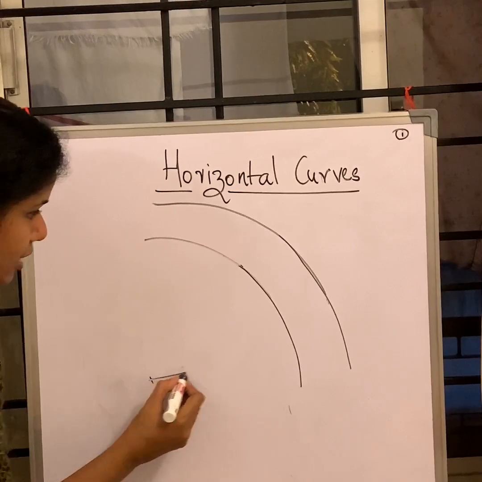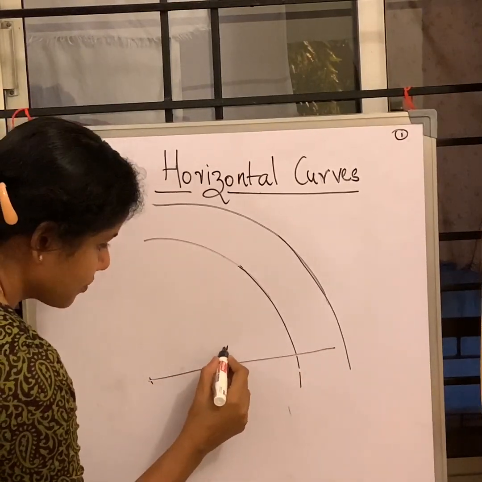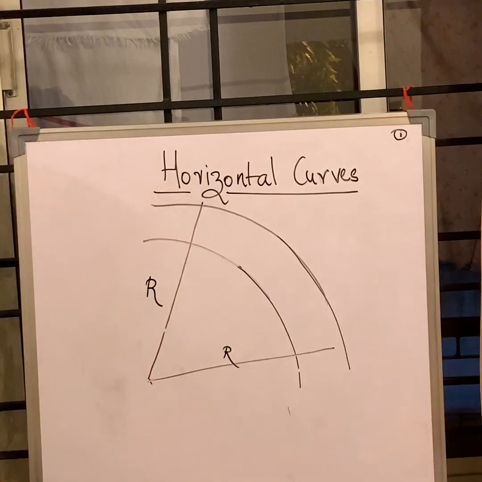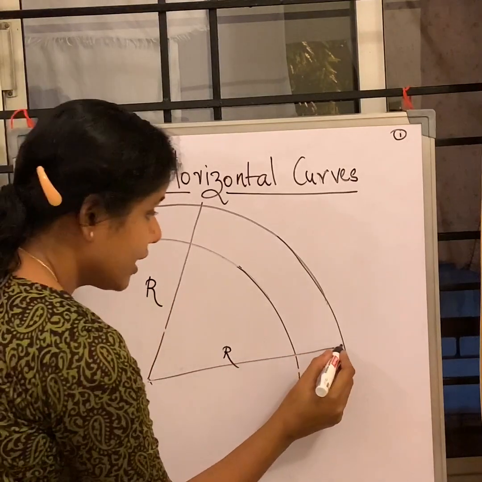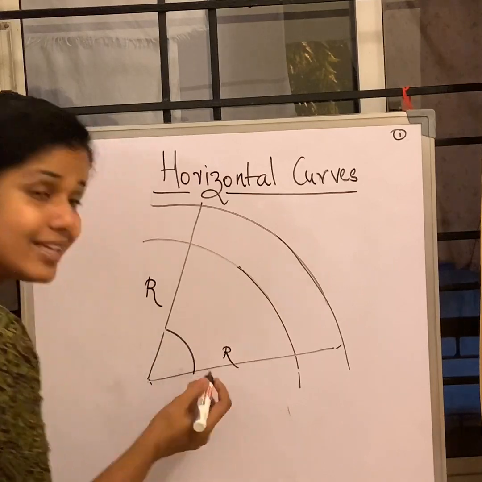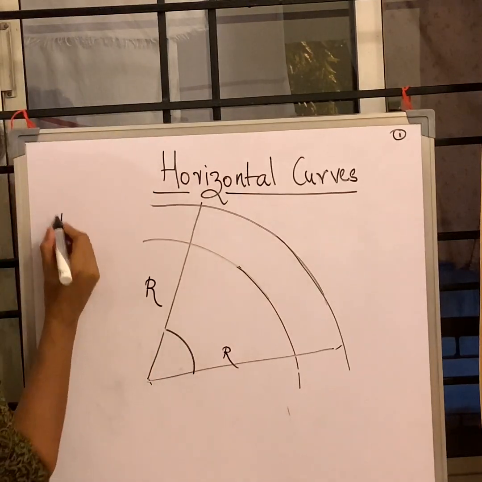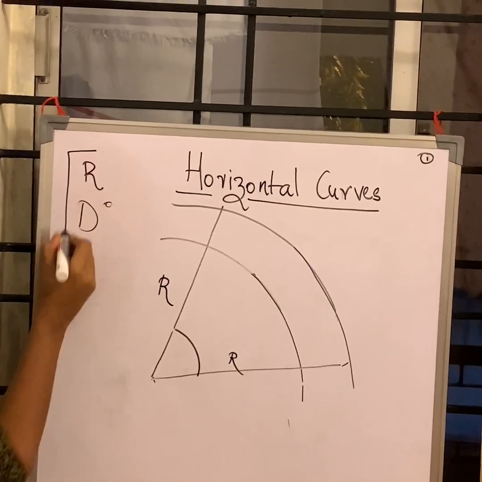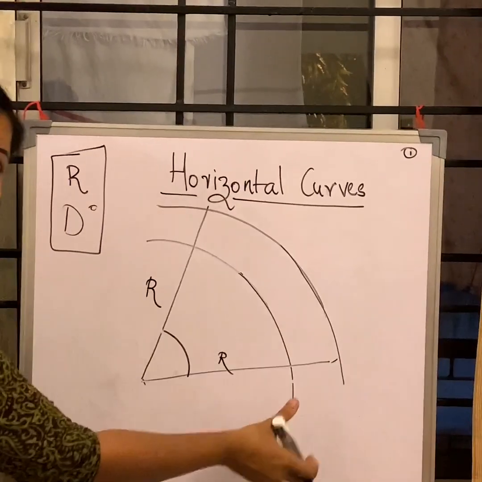I can designate it in terms of its radius, or I can use its angle, that is, the degree of curve. So I can use either the degree of curve or the radius to designate my circular curve.